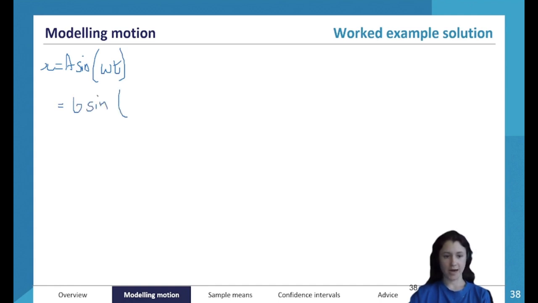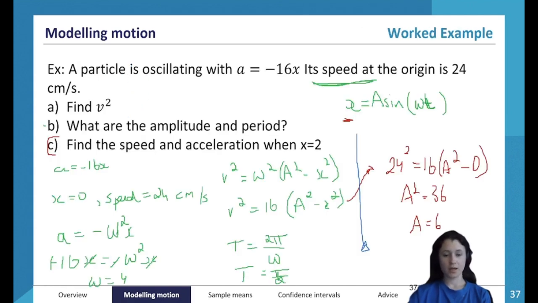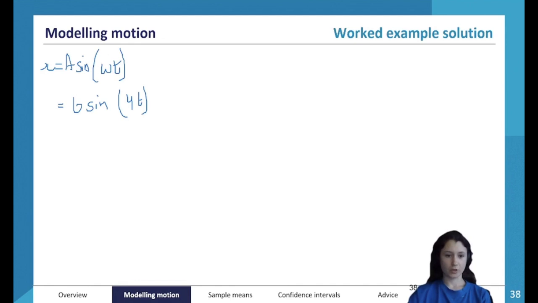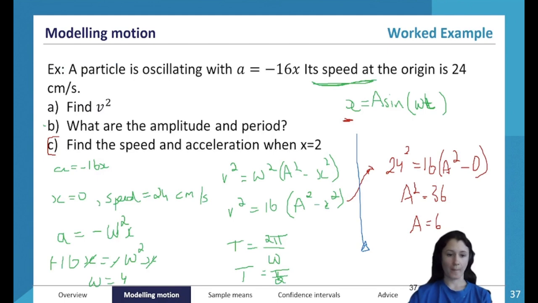We know that angular velocity is 4, sorry. We need to find the speed and acceleration when x equals 2. So we'll let x equal 2 and find the time at which x equals 2. And then from there, once we found that time, we can put that into our formula for, actually no, sorry, we don't even need to. We can actually just put it straight in. Perfect. So we don't even have to do that. We can just use x equals 2 and put it into our formulas here.